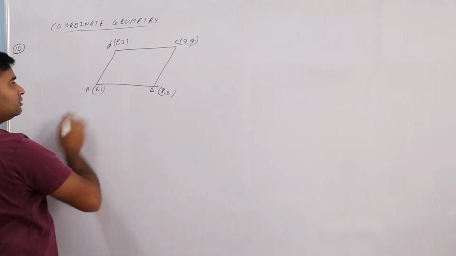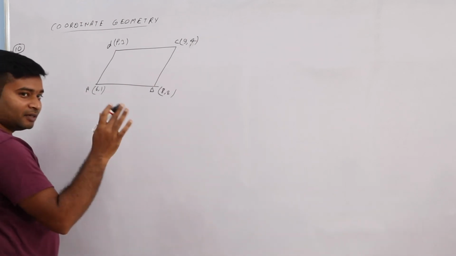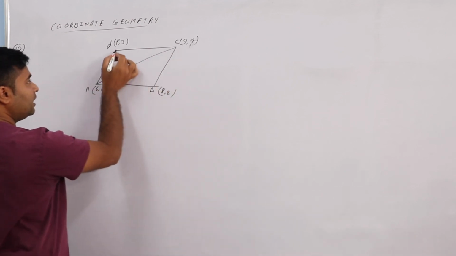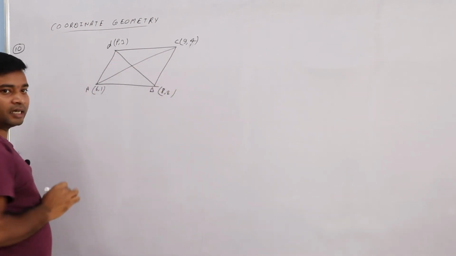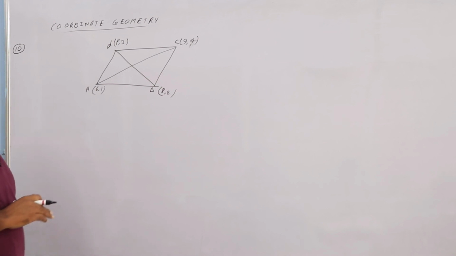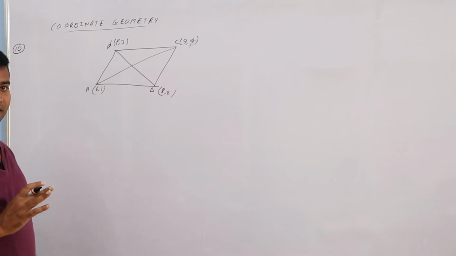Join this and join this. Correct. Why did we join? We know that the diagonals of a parallelogram bisect each other.